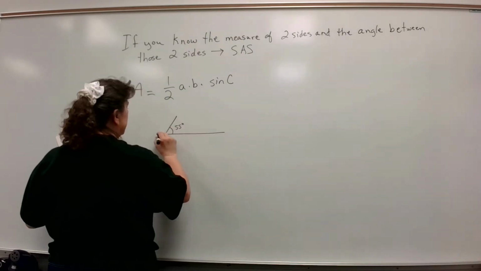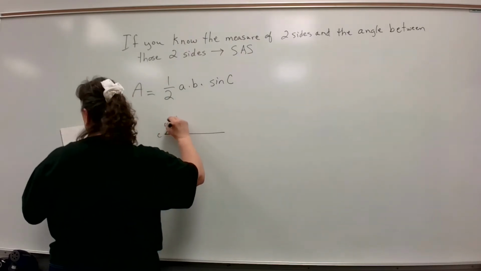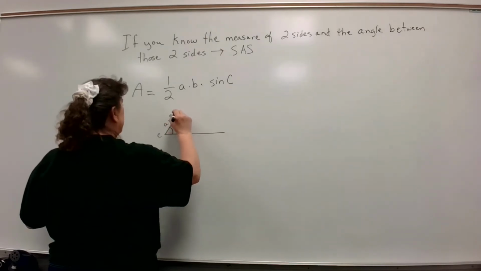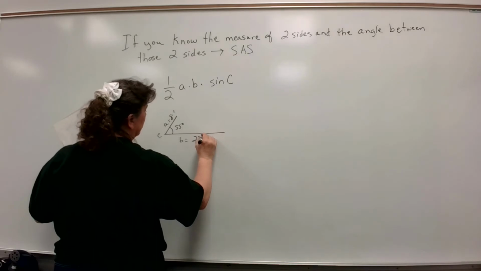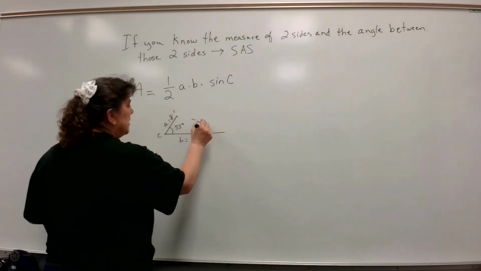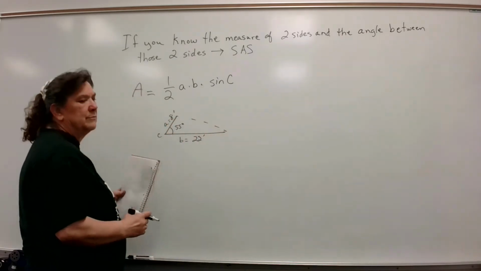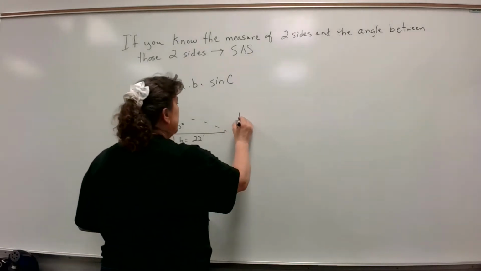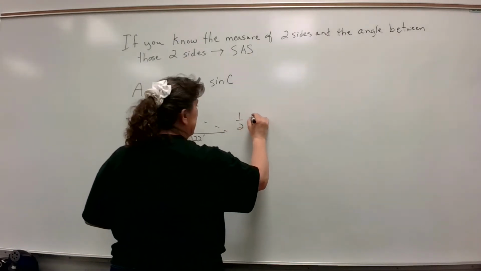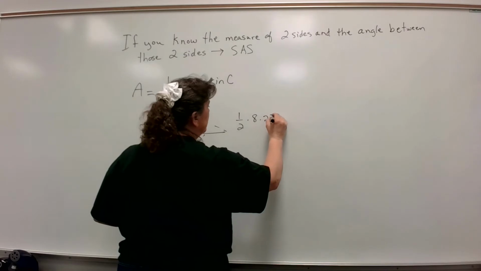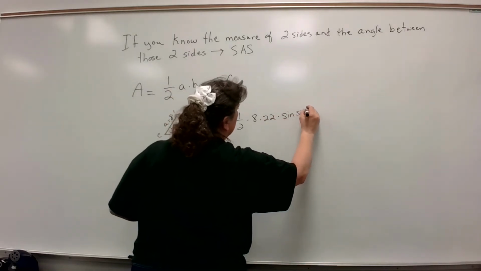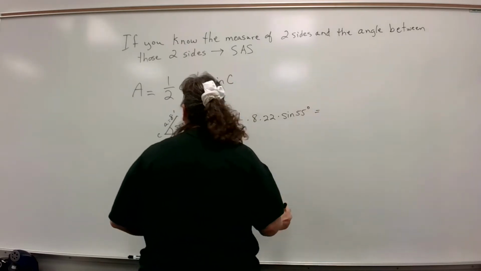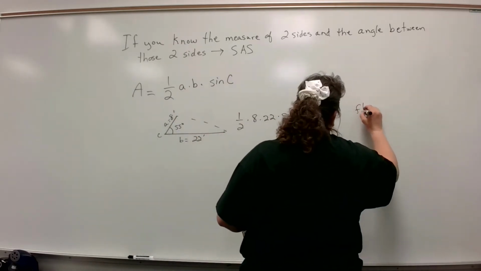55 degrees. A is equal to 8 feet and B is equal to 22 feet. What would be the area of that triangle? Again, 1/2 times 8 times 22 times the sine of 55 degrees is going to equal feet squared.